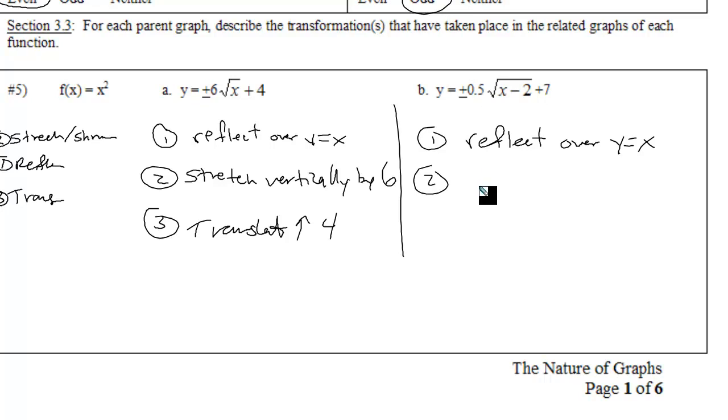This 0.5 shrinks the graph vertically by 0.5. This minus 2 translates the graph to the right 2, and this plus 7 translates it up 7.